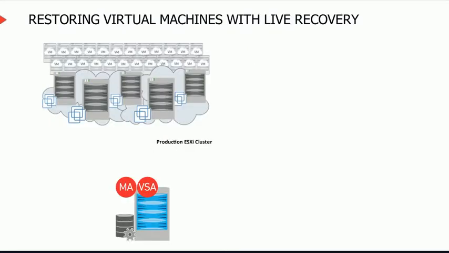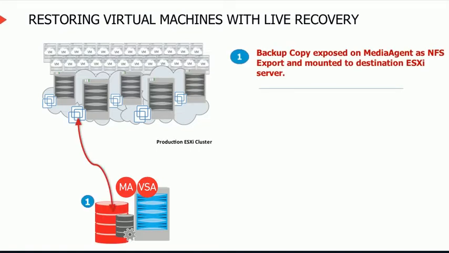Restoring virtual machines with live recovery is currently supported with VMware only. The Backup Media Agent includes a proprietary 3D file system component which exposes the backed up data as an NFS export that gets mounted to the destination ESXi host.